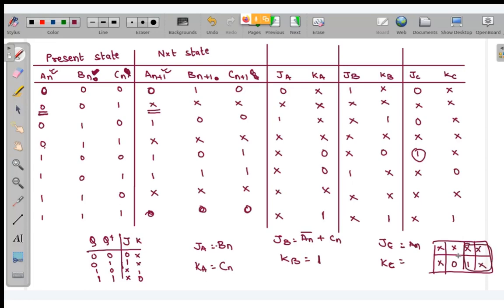So this will be 1, 1, 0. So KC will be your BN. Okay, I started after you guys and still I completed. What are you guys doing?